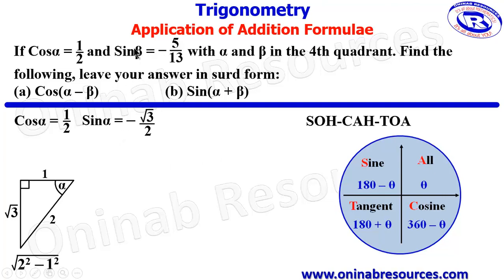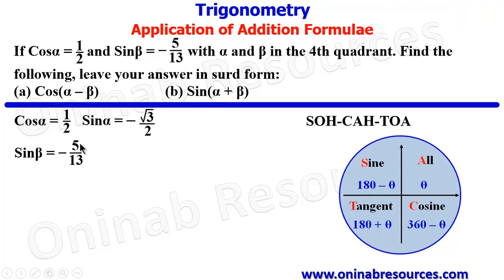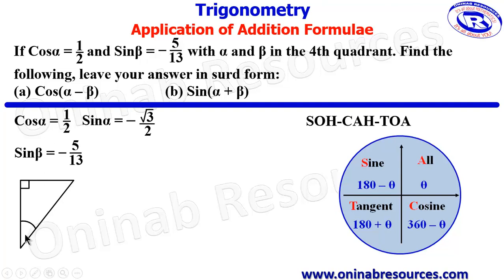So we then go for the second ratio given to us, which is sine beta equal to negative 5 over 13. Sine is opposite over hypotenuse. But before then, we need a right angle triangle again. We can just choose any of these angles to be our beta. So I'm choosing this as beta.